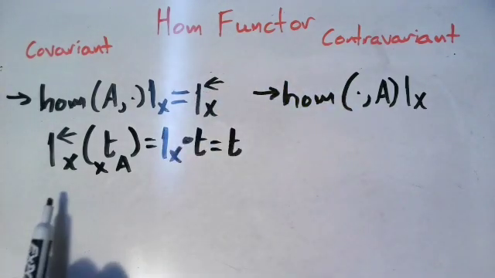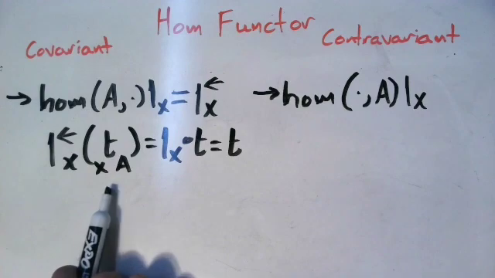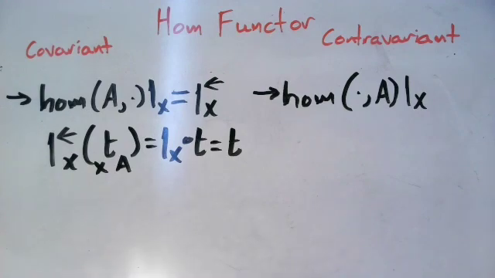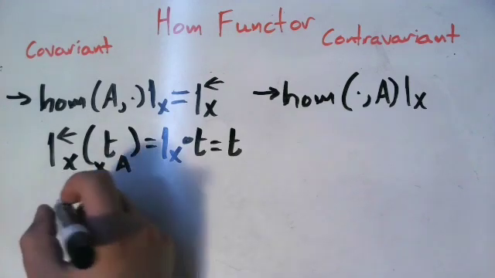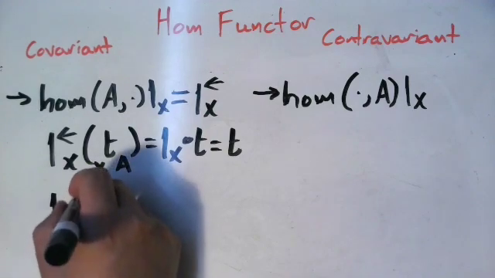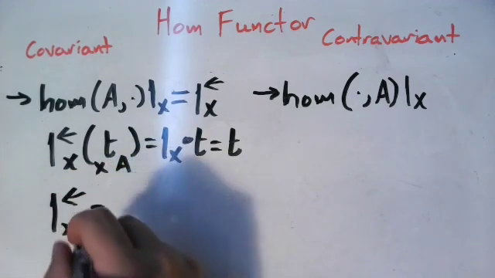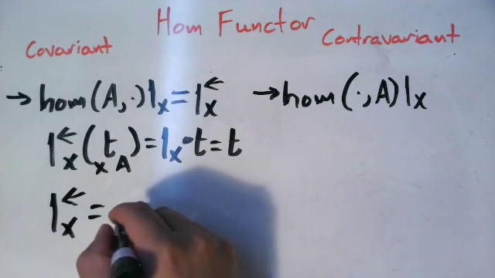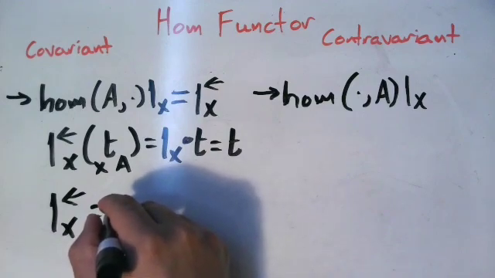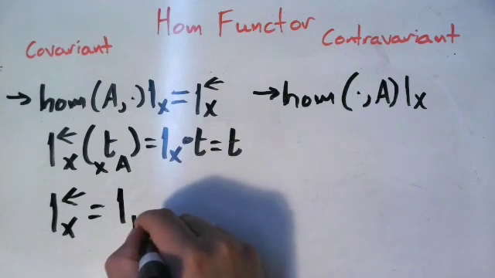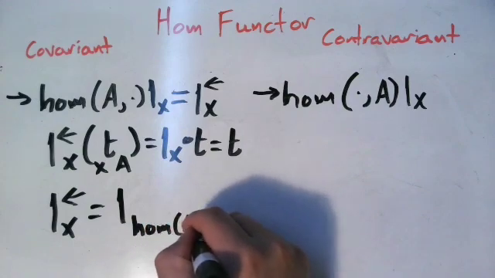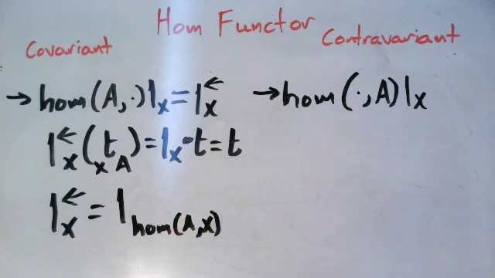But that means that this is an identity function on the hom set from A to X. That is, followed by 1x is the same as the identity morphism on the hom set from A to X.